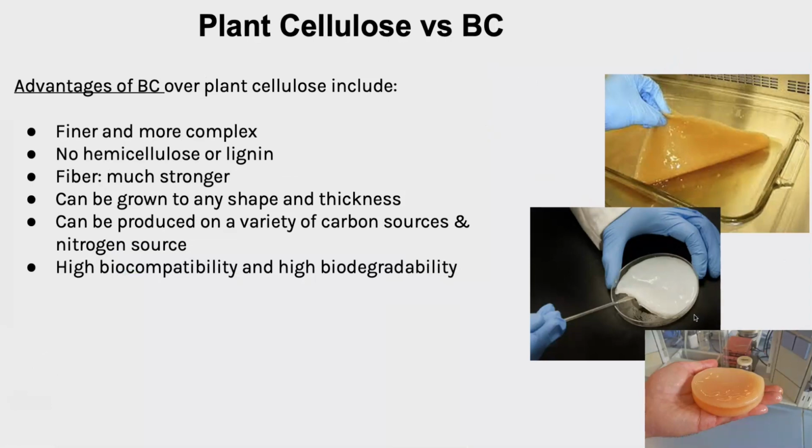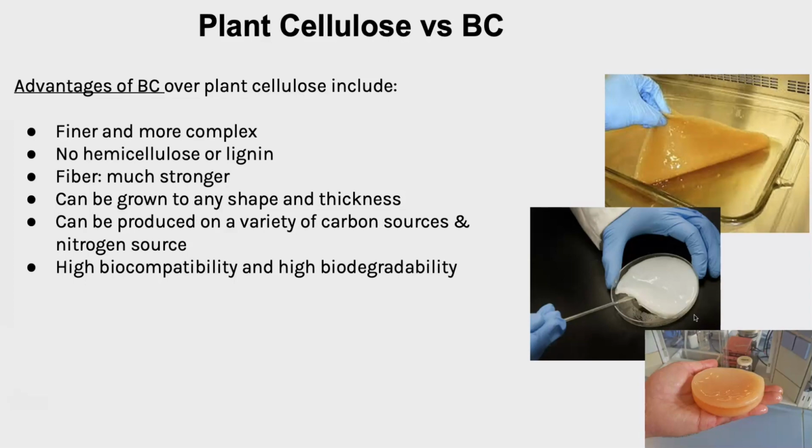So if we compare the plant cellulose and bacterial cellulose, there are some advantages of BC over plant cellulose that include it is finer and more complex. There's no hemicellulose or lignin or pectin present in bacterial cellulose. The fiber is much stronger and it can be grown to any shape and thickness that we desire.